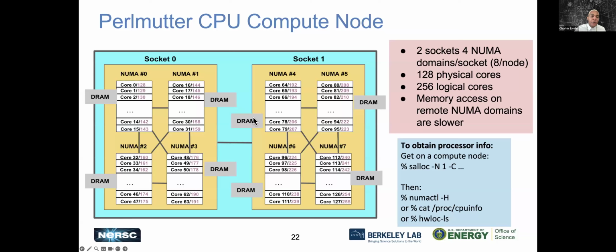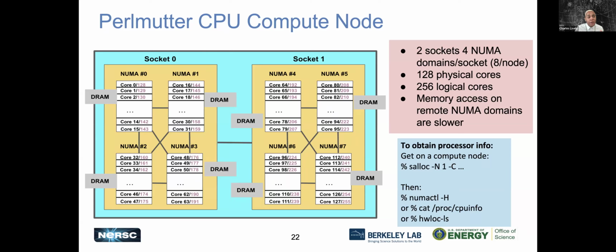All right. And so on Perlmutter, it's also important to consider that there are different hierarchies to the architecture that we use. For our CPU compute node, each node will have two sockets and four NUMA domain sockets per node.